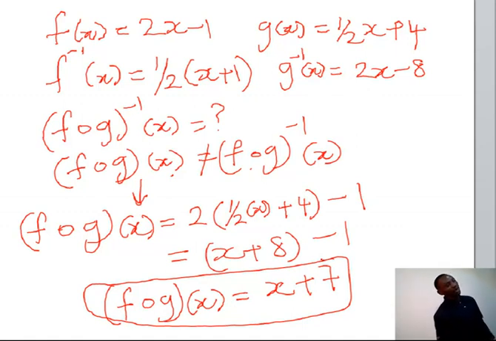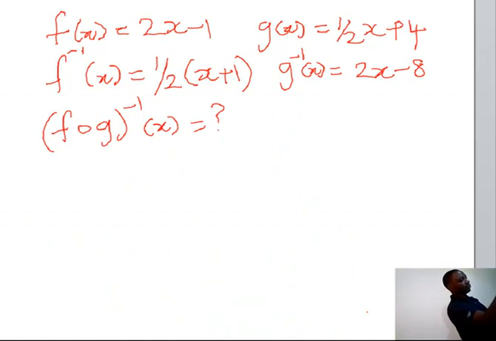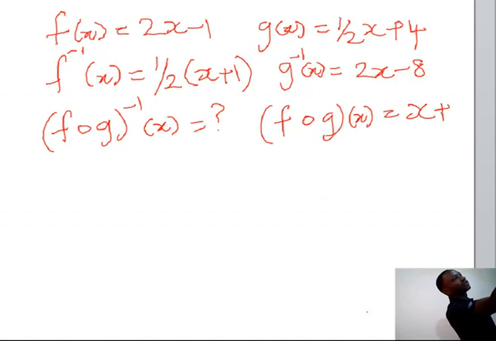And recall, I said when you want to invert, you just represent this with y, and you make this the subject of the formula. Then you represent their value. That is how you are going to get the inverse function. So let's do this now. Note that we have gotten our f compose g of x to be x plus 7.